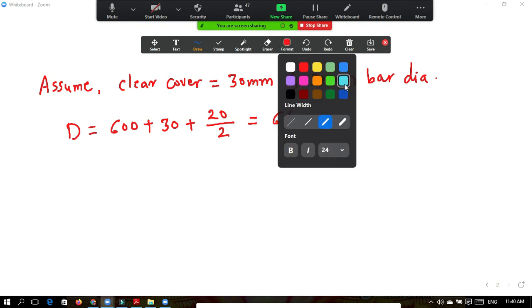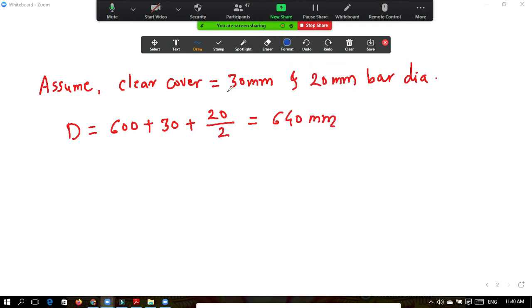Okay. The width of the section is not given. So I will assume the width of the section. Assume B is equal to, nothing is given, so I will assume this as 300 mm. And also width of support is not given.